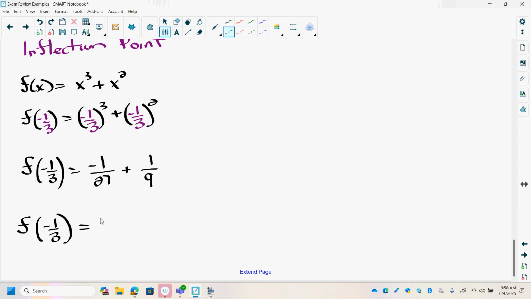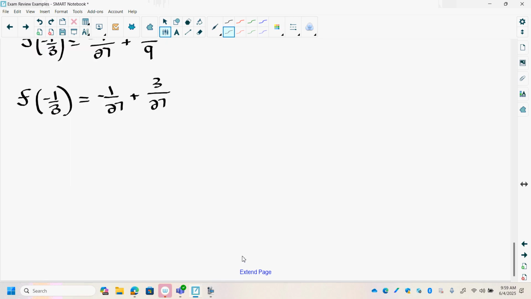Okay? So we end up with negative 1 over 27. 1/9 would be how many over 27? 3 over 27. Add the tops. Leave the bottom alone. 2 over 27.